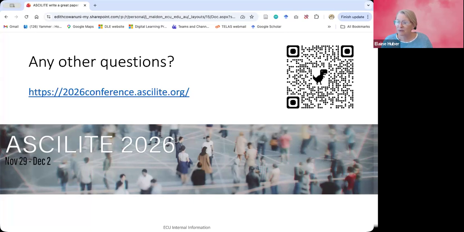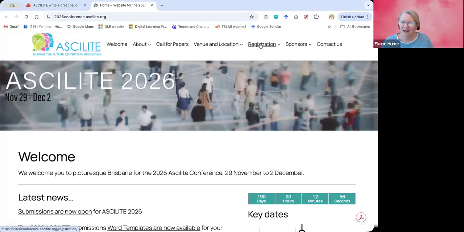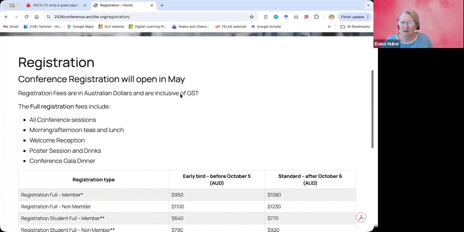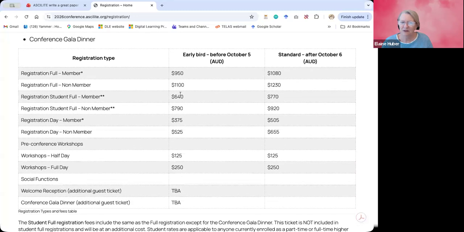If you're on that program as a mentee, we offer a 50% reduction of the registration fee. We also have a student option. Yes, registration, student full.